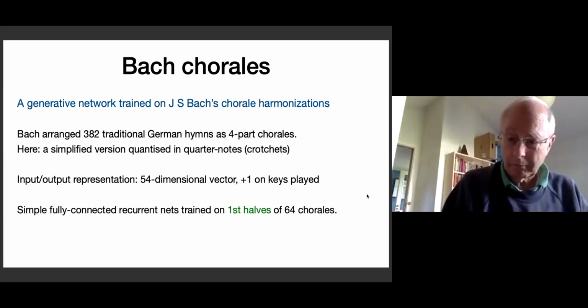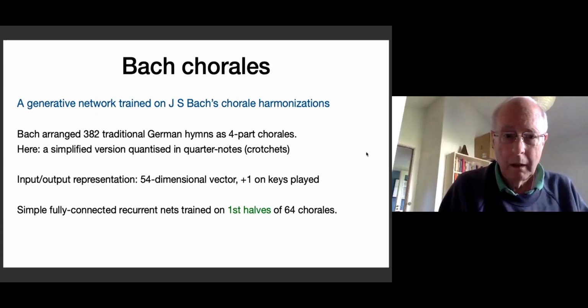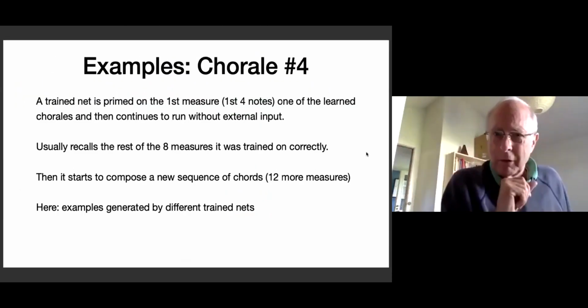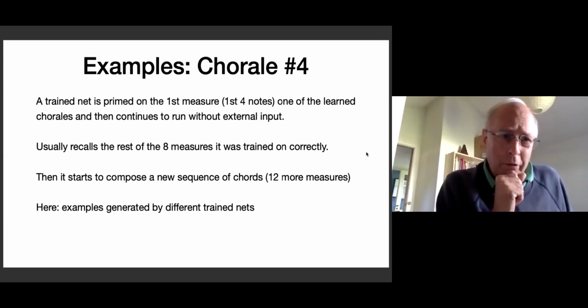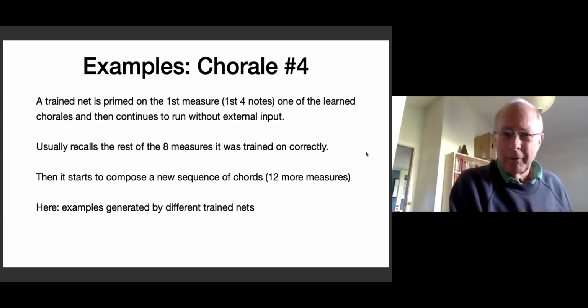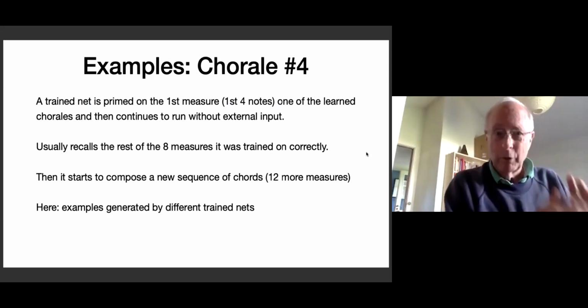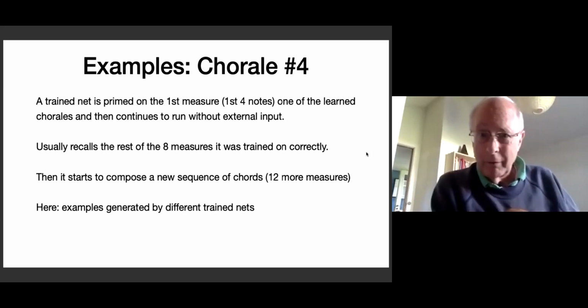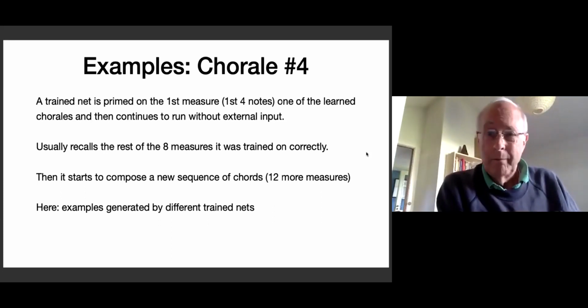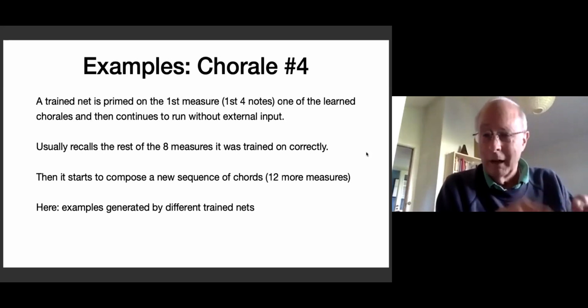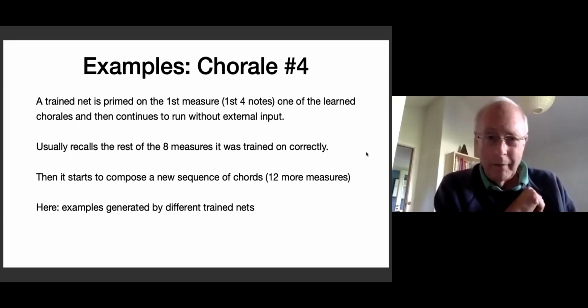Okay, I'm going to give examples for chorale number 4 here. You train the net, then you prime it on the first measure, so the first 4 notes. You force the network to get the right answer on the first 4 notes of whatever learned chorale you're trying to continue, and then let it continue to run, feeding its output back into the input.